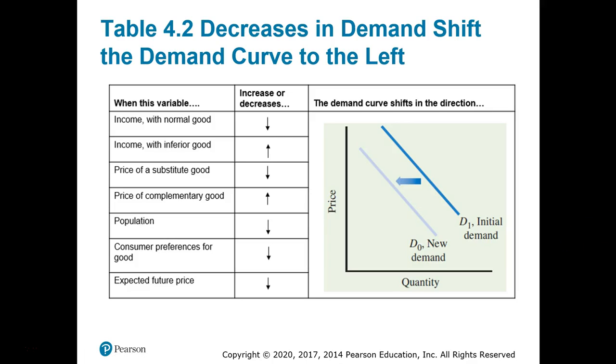So these are all shifts to the left. Make sure you memorize them and you have these in your notes. One is going to the right and one is going to the left. I like to do a cheat sheet. So I need you to visualize. If you put an X and Y graph, draw an X and Y, price quantity. Put the demand, put a plus sign to the right and a minus sign to the left, and draw your shifts.